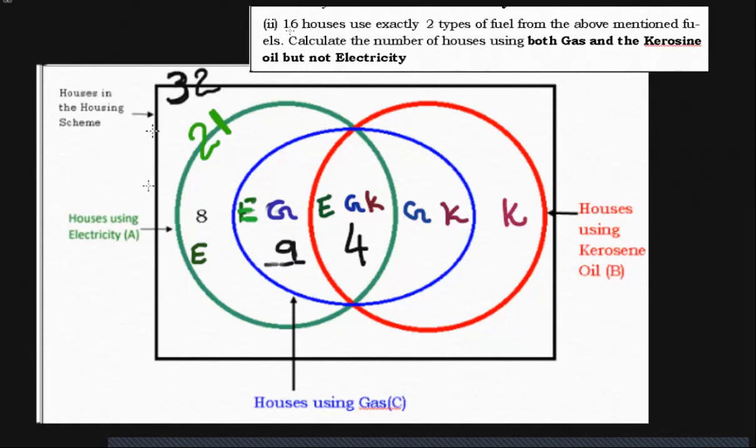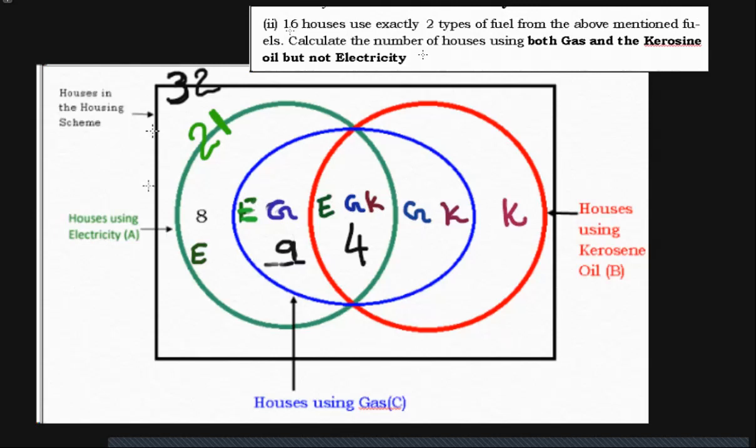So what are the regions where we see exactly two types of fuel? That is this, e.g. electricity and gas. And can we take EGK? No, right? They use three types. We are looking at exactly two types. So EG and GK, gas and kerosene.